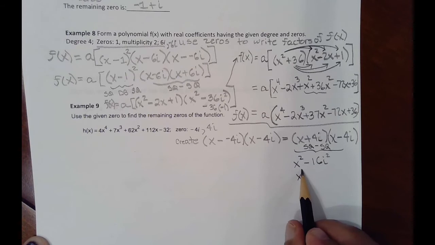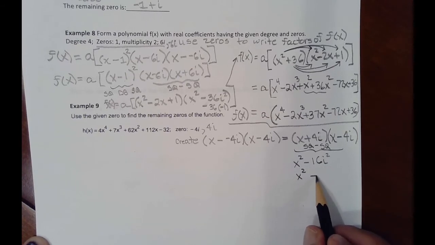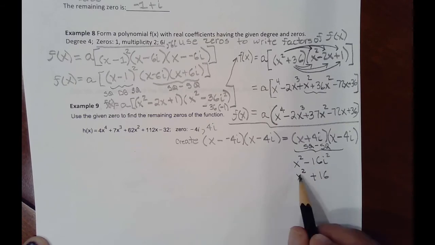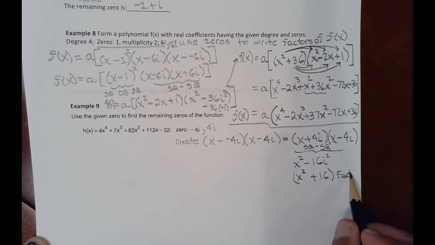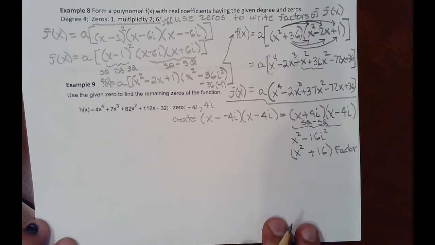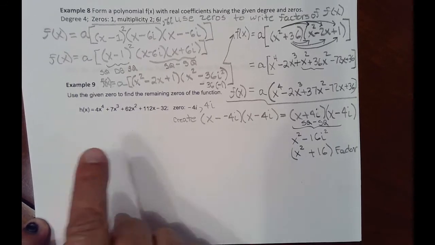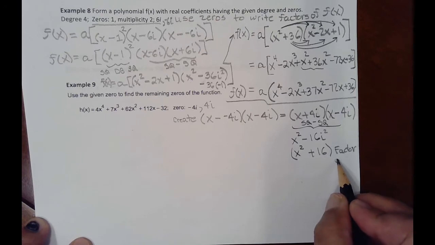That is the same thing as x squared minus 16 times negative 1, which is positive 16. So this is a factor. In other words, anything that's a factor divides into whatever it's a factor of. This is a factor of h of x.